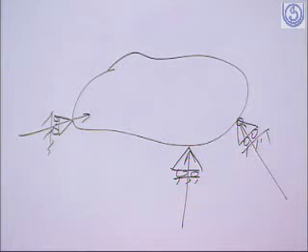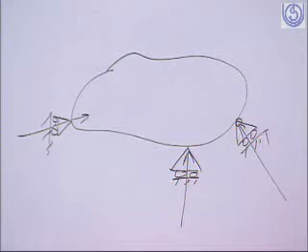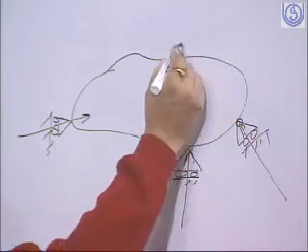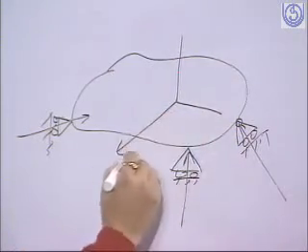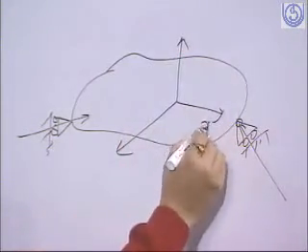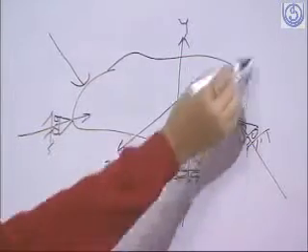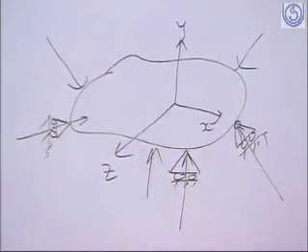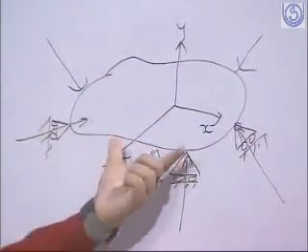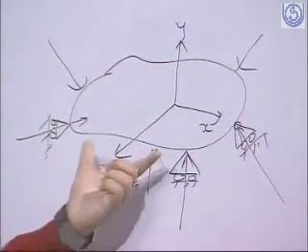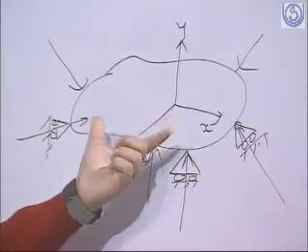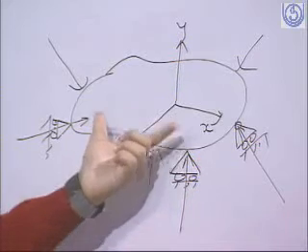Now for a structure to be externally stable, it should provide sufficient restraint in all the 3 orthogonal directions, say x, y and z. It means that if you apply any load in any of the directions, the structure should not move appreciably as a rigid body from its place.